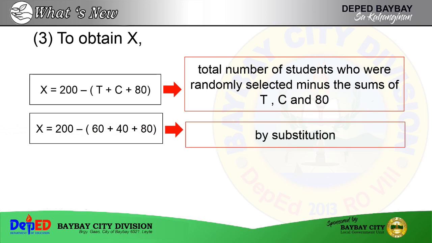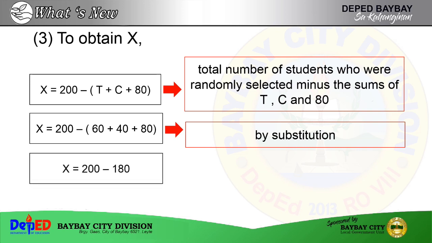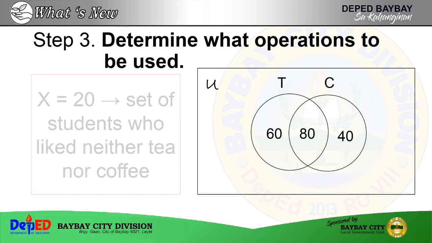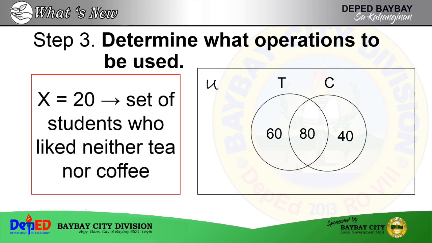X equals 200 minus 180. This is done by simplifying. We get 180 from 60 plus 40 plus 80. So, X equals 20. We get 20 from simplifying 200 minus 180. So this is the set of students who like neither tea nor coffee.